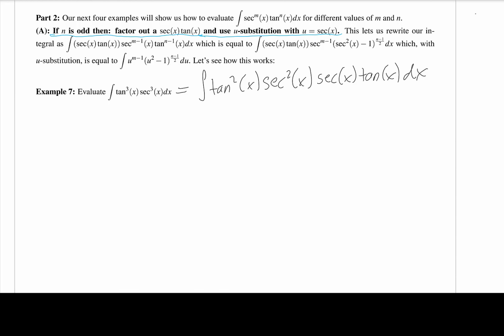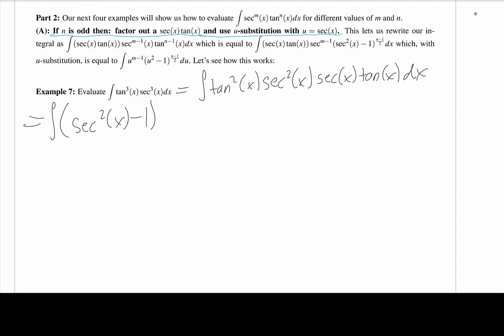In this case, we're doing u equals secant of x, so I want as many secant of x's in here as I can get. What that means is I need to change this tan squared of x right here to secant squared of x minus 1.